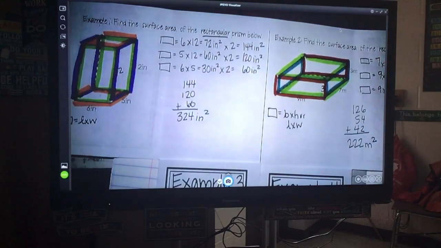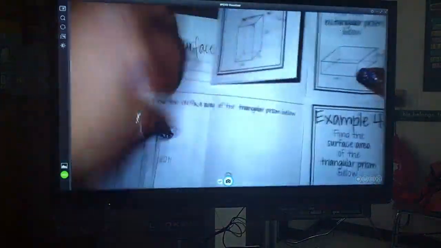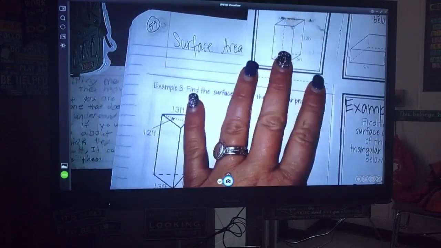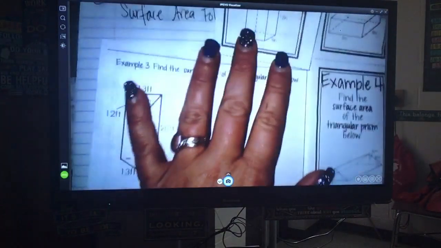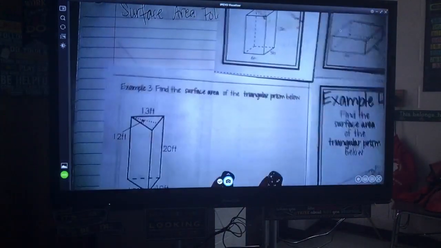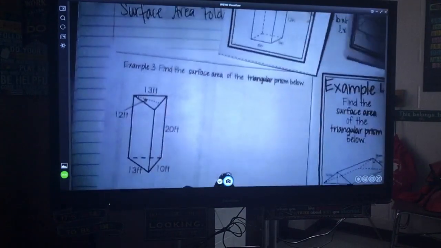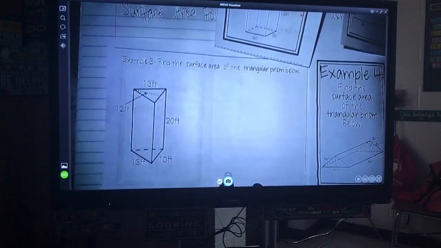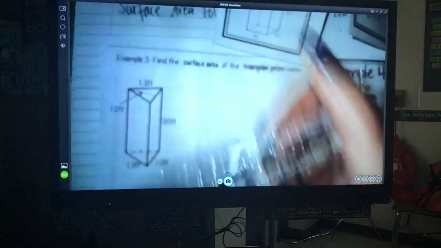All right, so close your top 2, and let's look at the examples for number 3. Now, this is a triangular prism, and remember I said your prisms are named by their base. Your pyramids are named by their base. So therefore, the reason this is a triangular prism is because the base is a triangle.